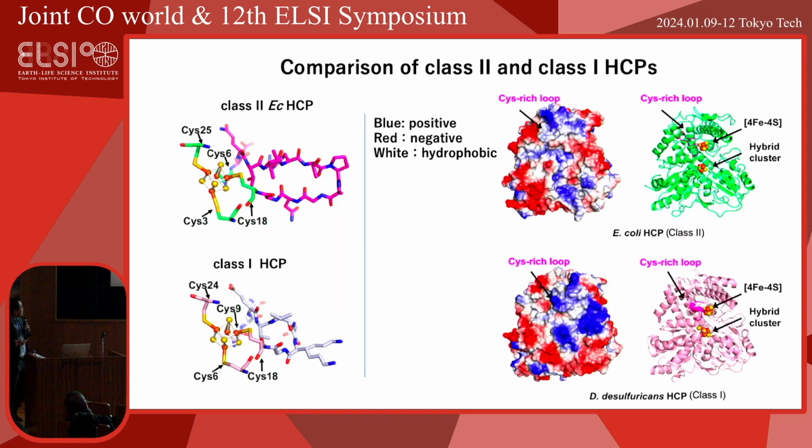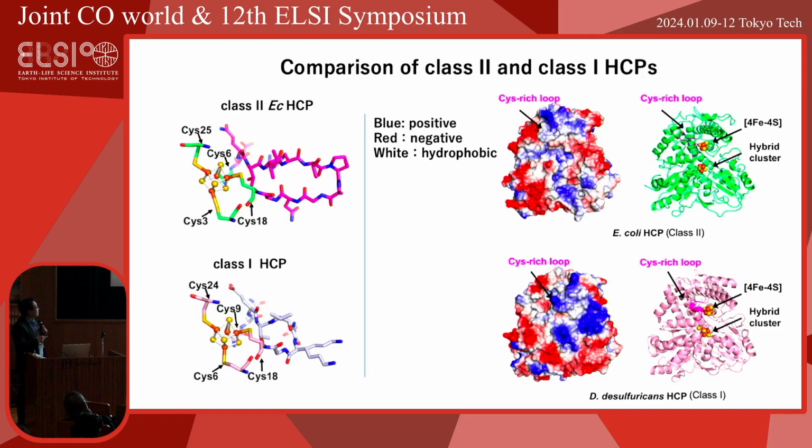We further focus on the geometry of the loop structure here. The unique class 2-specific loop is forming a protrusion using a proline structure here. So from this panel, the protrusion is heading to the outside, to the solvent area. On the other hand, class 1 HCP has no protrusion, and it's positively charged due to the lysine.